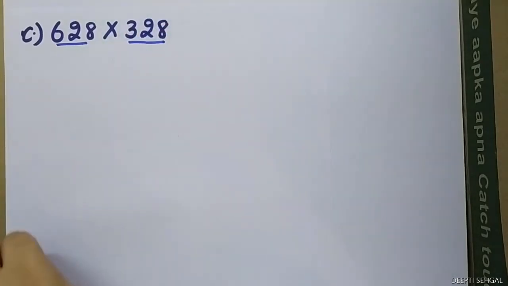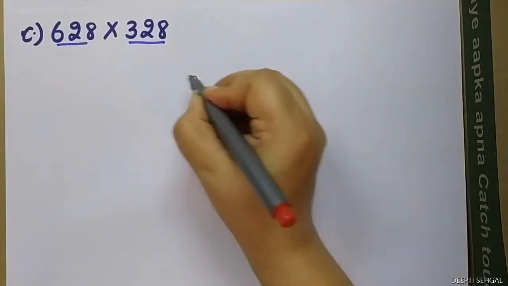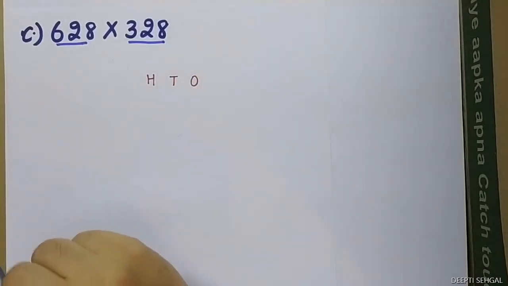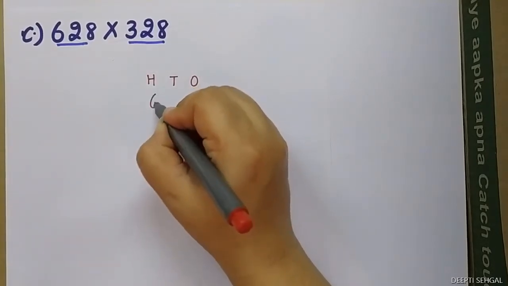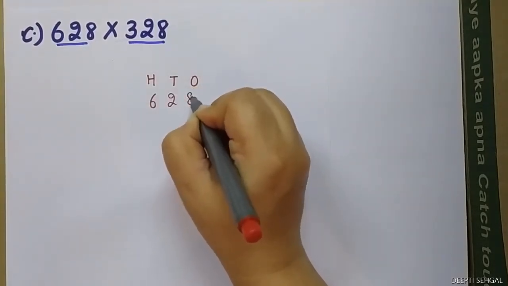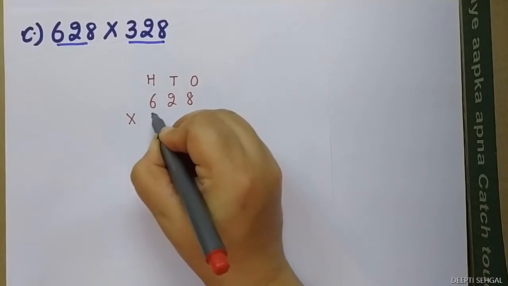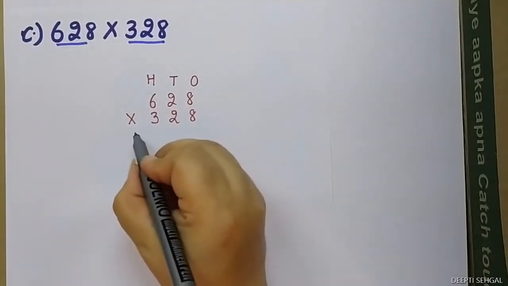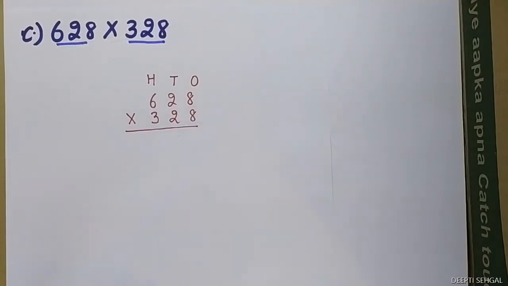So let's write the places first: ones, tens, hundreds. Now I am writing the number 628 multiplied by 328. Okay, and then I will draw this line so that I can start my multiplication.